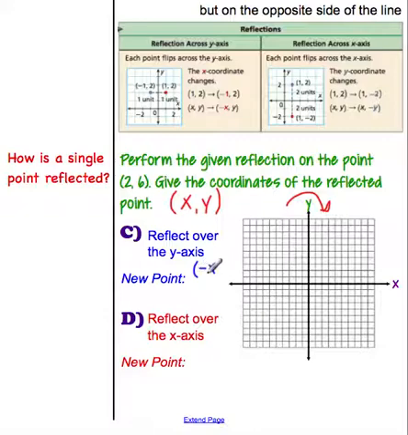So I'm going to write a negative x, but the y-coordinate is going to stay the same. So if we have 2, 6, 2, 6 is going to become negative 2, 6.